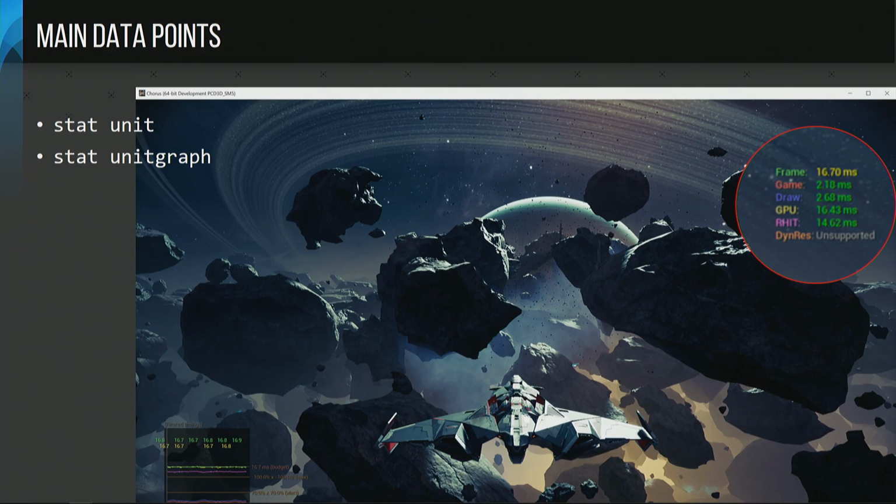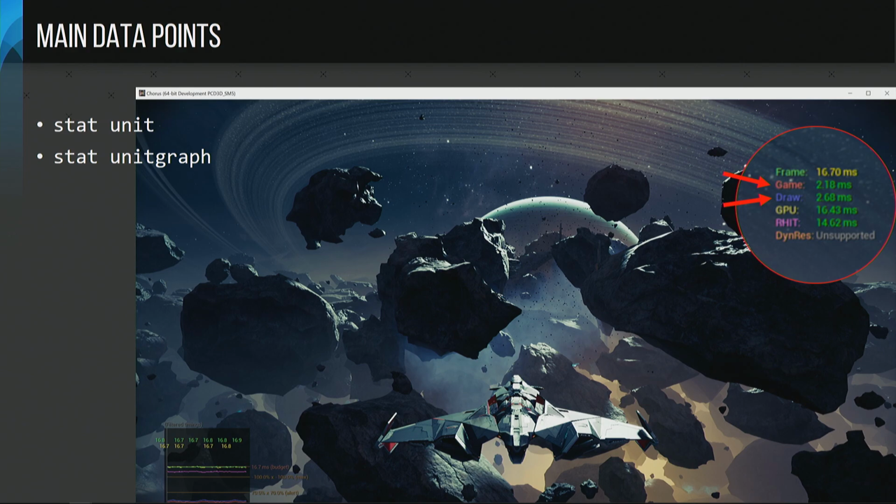So what performance data did we actually look at? It's very much the classics. In Unreal, you can display them with stat unit graph. This is the time it takes the CPU on the game thread, or the main thread, to simulate your gameplay, basically. This also includes physics and UI work, stuff like that. We also have the time it takes the CPU to run the draw or render thread.